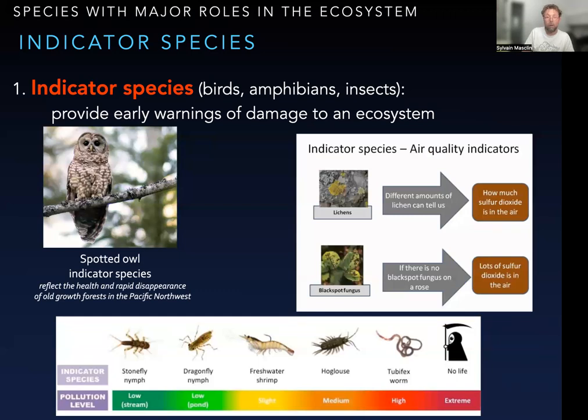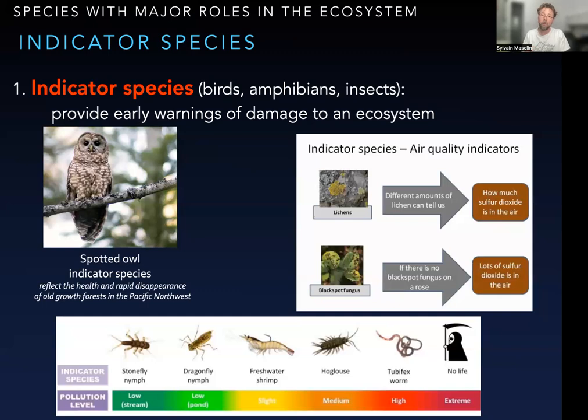If the water is pretty pristine with almost no pollution, we might find this type of insect, like a stonefly nymph. But if the water is very, very dirty, we move towards other species, for example towards worms, which indicates that there is strong pollution in the water we're looking at. So those are pretty good indicators of information regarding the pollution and the environment surrounding them.